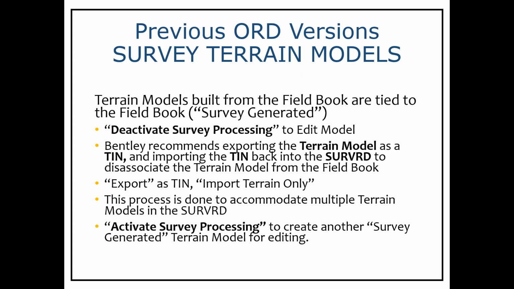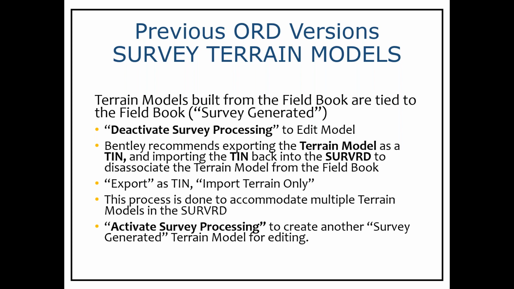Okay, so the way we got around that, Bentley recommended exporting the terrain model as a TIN and importing that TIN back into the ServRD to disassociate the terrain model from the field book. So if you're in an intersection and you build a terrain model around that intersection and you're happy with it, and then you go to the next intersection and you build a terrain model there, you have to activate the survey processing, which would undo your edits from the previous terrain model. That's why you would need to export it as a TIN and make it standard only.